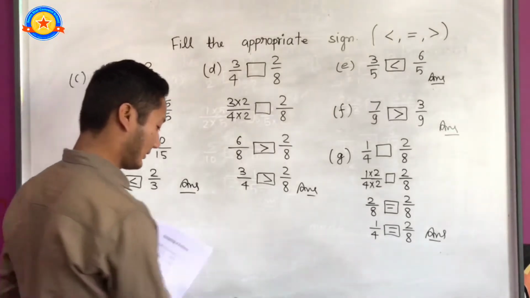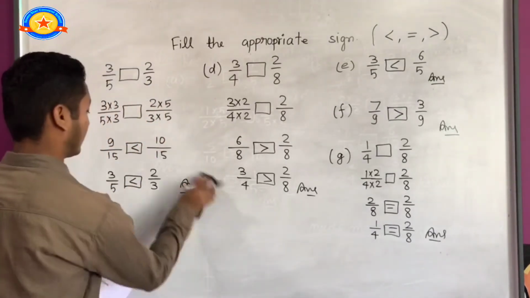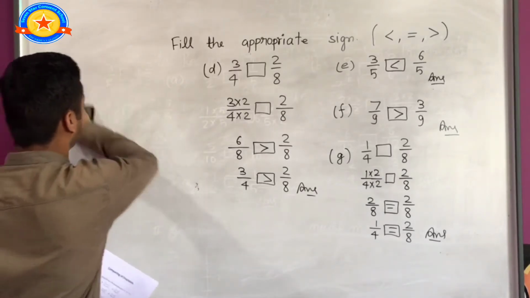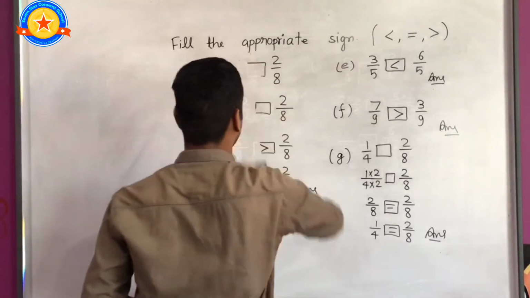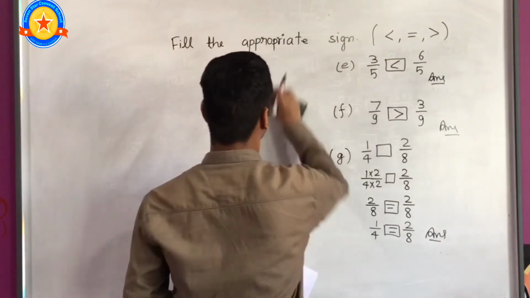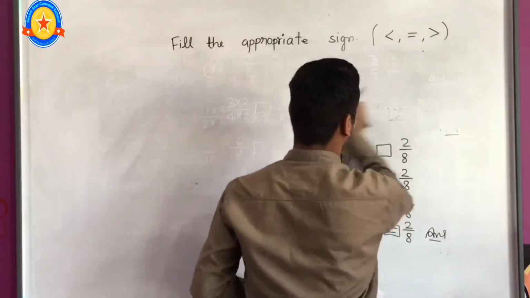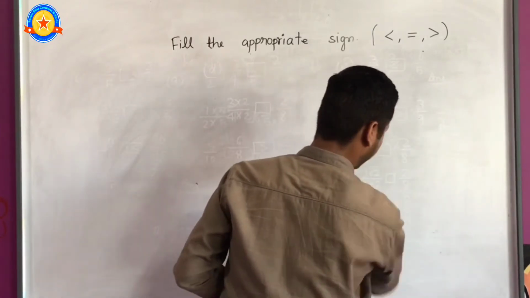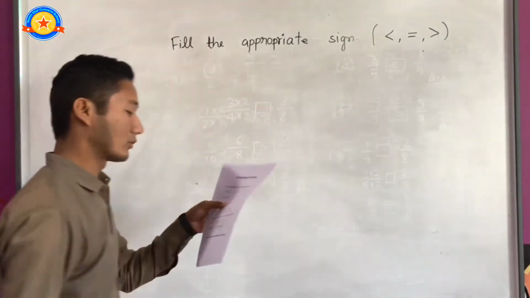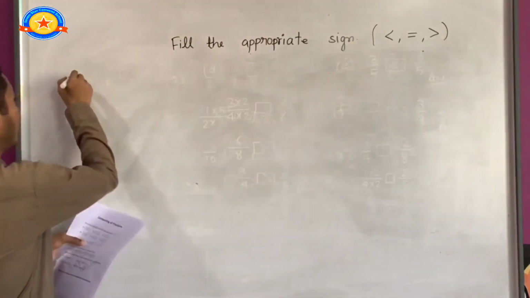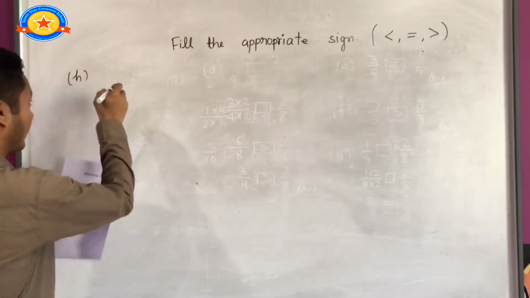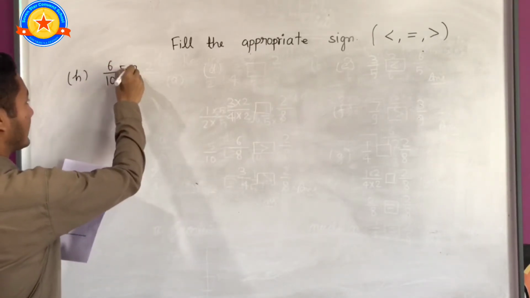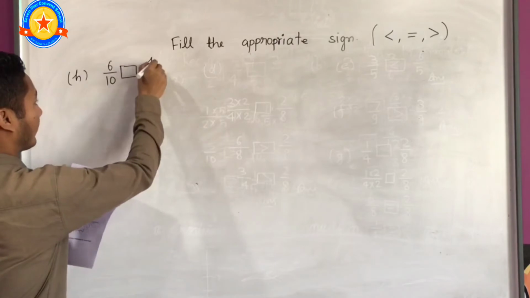Students, our next question is H part, which is 6 by 10 blank space 4 by 5.